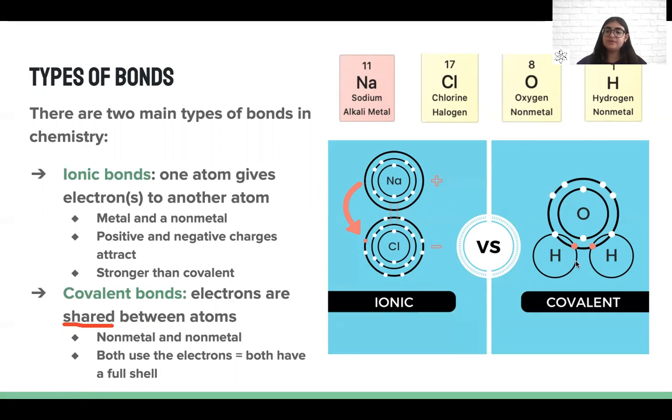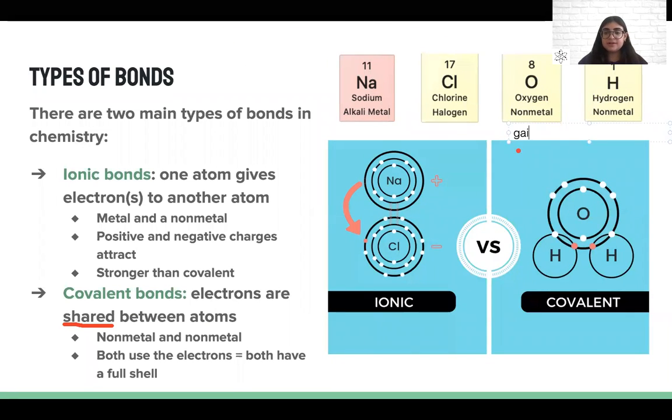So if we look over here, our example is actually water. Oxygen has 8 electrons, but remember, it wants to have 10 so that it can have a full outer shell. And each hydrogen has 1 electron, but it wants to have 2 because the first shell only has 2 electrons, that's the capacity, and they both want to have full shells.